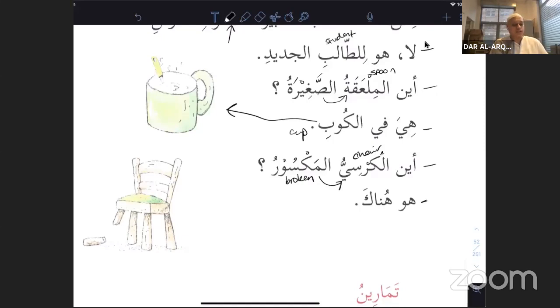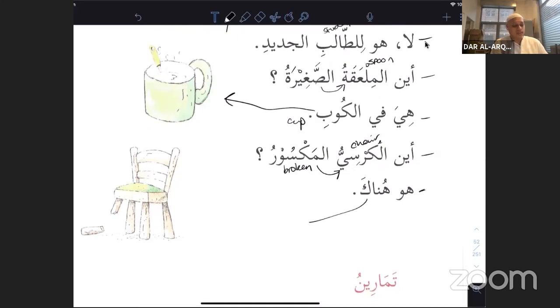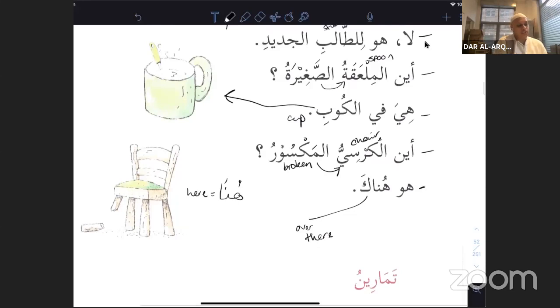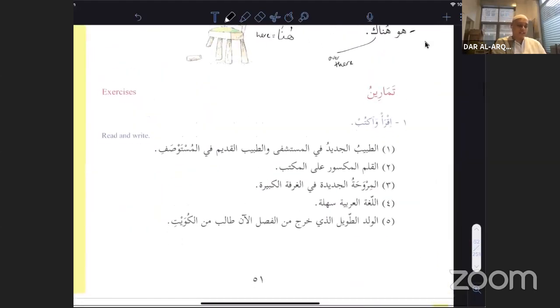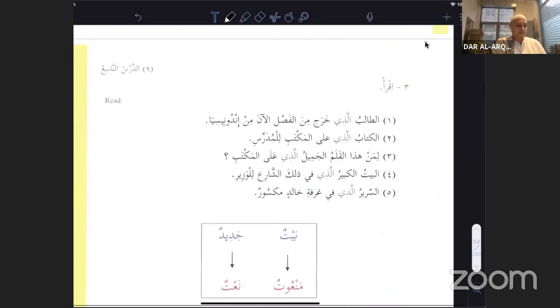And lastly, هو هناك. هناك means over there. If someone would say huna like this, huna would mean here. But when you say hunak or hunaka, it means over there. So the translation of the last line would be it is over there. Tamam. And that is essentially lesson 9.